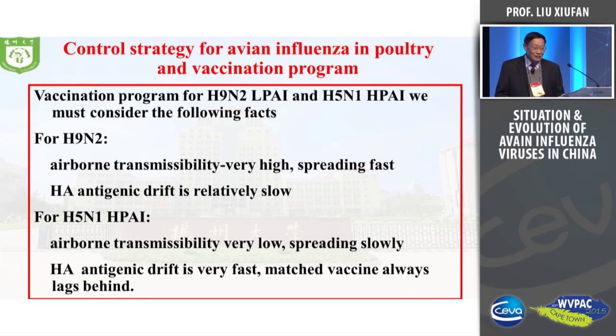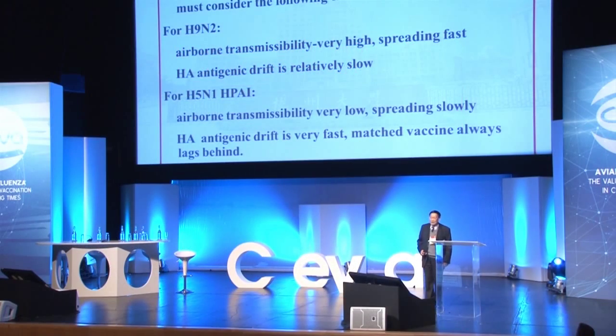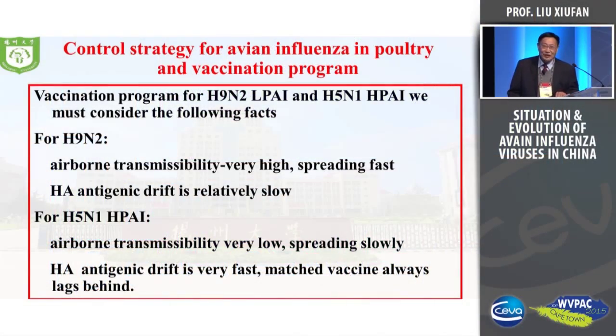But for the H5N1 HPAI, the airborne transmissibility is very low, spreading slowly. The HA antigenic drift is very fast, and the vaccine always lags behind.